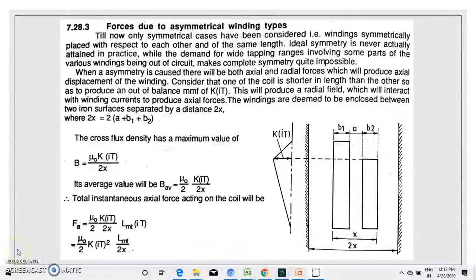Now consider one of the coils is shorter in length compared to the other coils. Then it will produce an unbalanced MMF that you can define as K into IT.